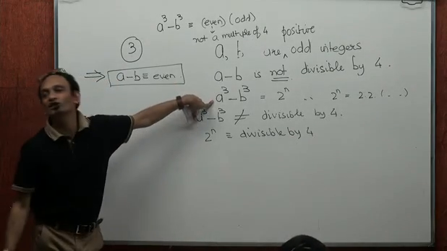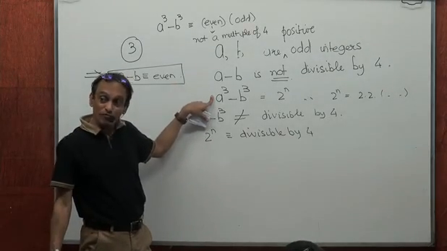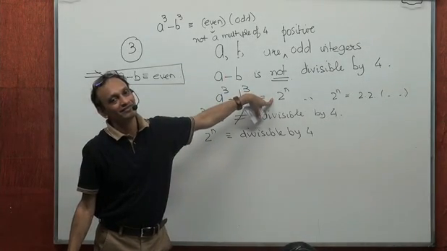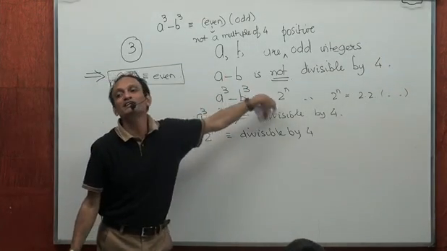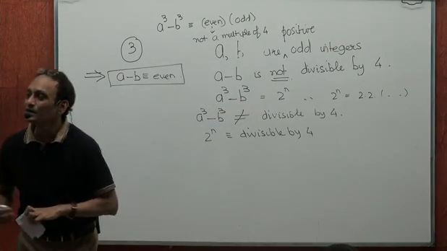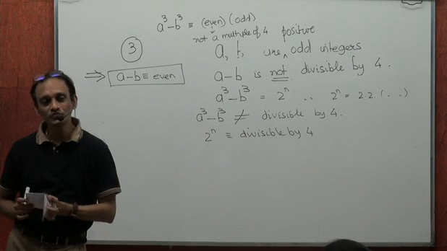So do you think this is a viable proposition? Left hand side not divisible by 4, right hand side divisible by 4. So this possibility is ruled out. I can't find A, B and N meeting the requirements of the problem. Does it make sense to you?